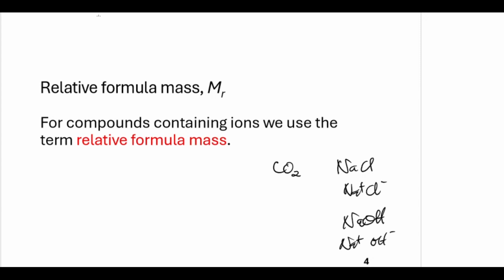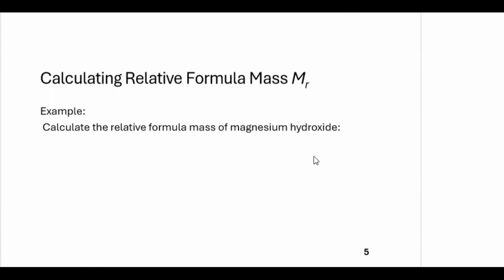So there's no difference in the method. We are just dealing with compounds of different types, either molecular compounds or ionic compounds. But everything is going to be the same. If we're going to do the calculation now, we'll have the same way of doing it.